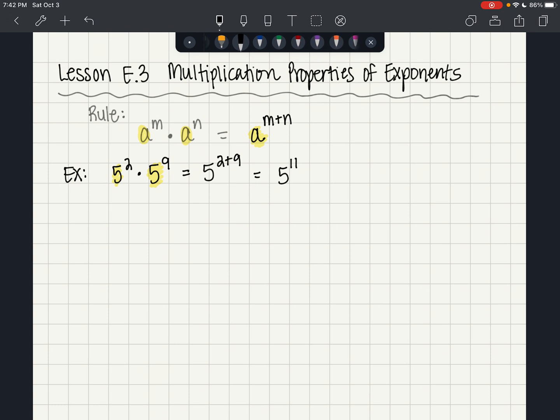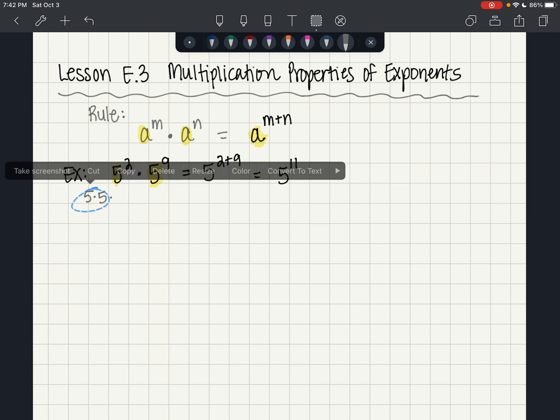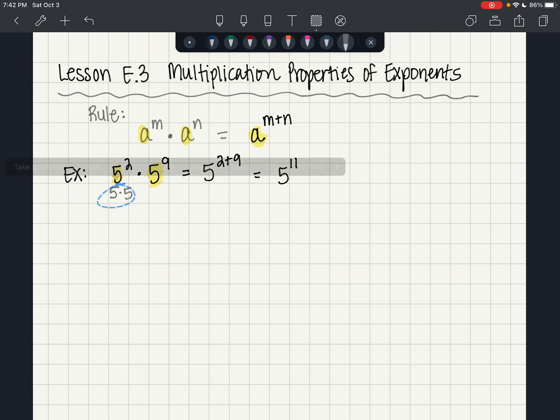Let me show you why that is. If I have 5 squared, that's 5 times 5, and I'm going to multiply that by 5 to the 9th. So 5, 5, 5, 5, 5. I believe that's 9: 1, 2, 3, 4, 5, 6, 7, 8, 9.